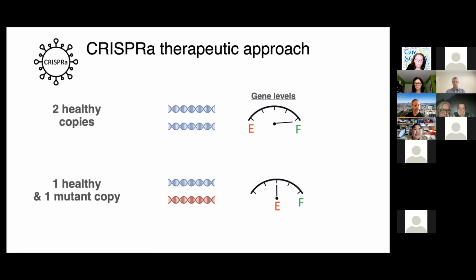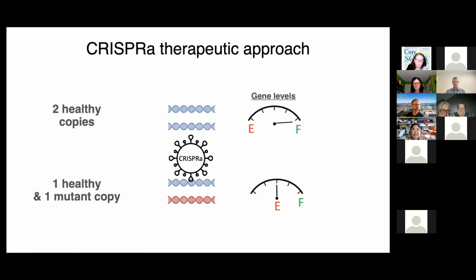So my main question is this: if I can customize this CRISPR activation system to target the one healthy copy of SCN2A to work twice as hard, can I A, bring gene levels back to a full tank, and B, can I rescue the associated SCN2A haploinsufficient phenotypes?